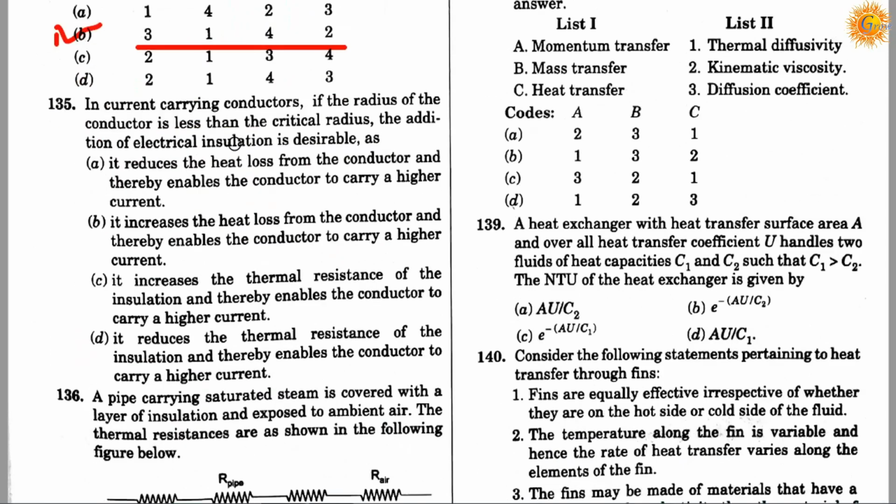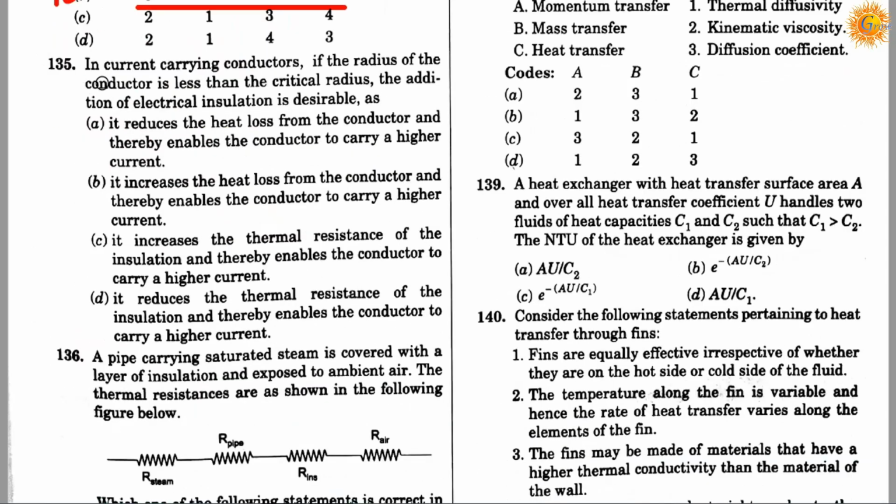Okay. Question number 135. In current carrying conductors, if the radius of the conductor is less than the critical radius, the addition of electrical insulation is desirable as option A, it reduces the heat loss from the conductor and thereby enables the conductor to carry a high current.